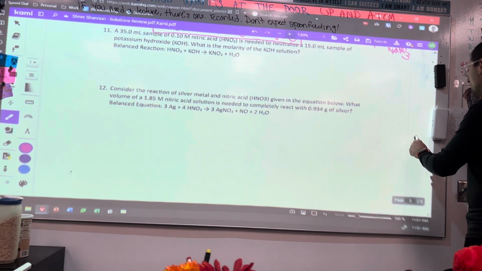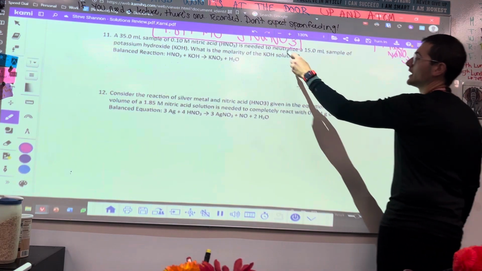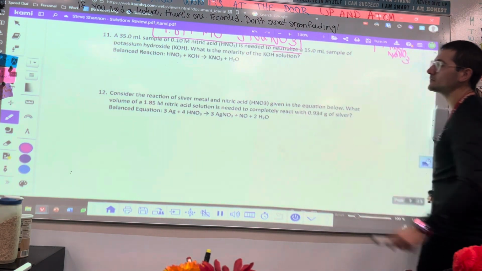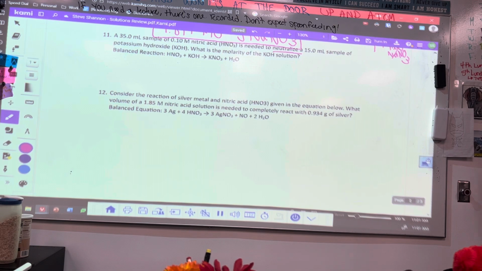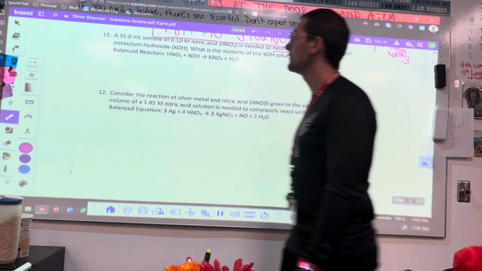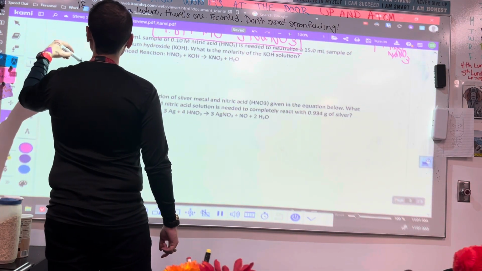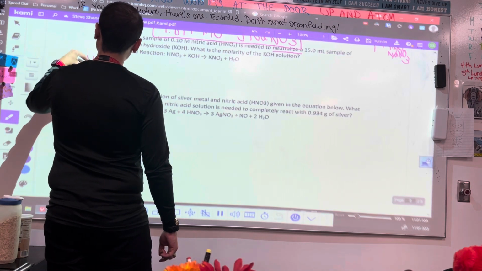Okay, so when we see the word neutralize, we have to automatically think M1V1 equals M2V2. This is our other equation on this test.